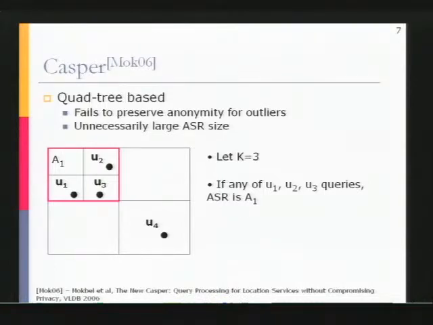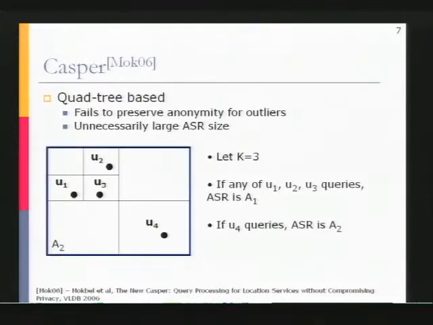According to the algorithm that we have just described, the cloaked region obtained will be A1, the red rectangle. Now, if a query is issued by u4 with the same parameter k, we will obtain the A2 region, which is obviously larger.